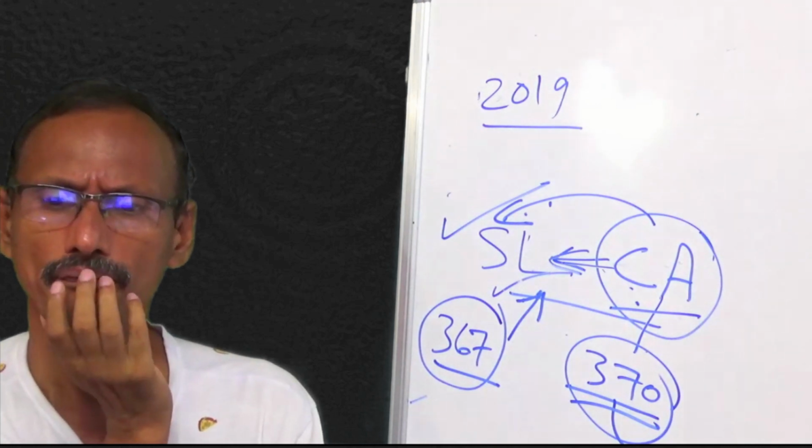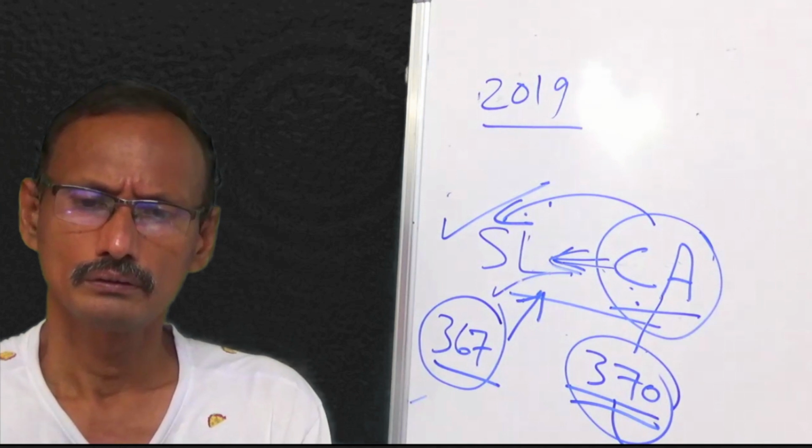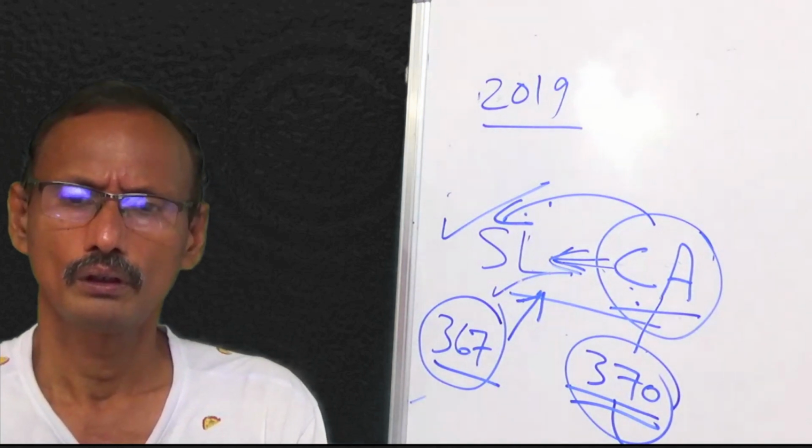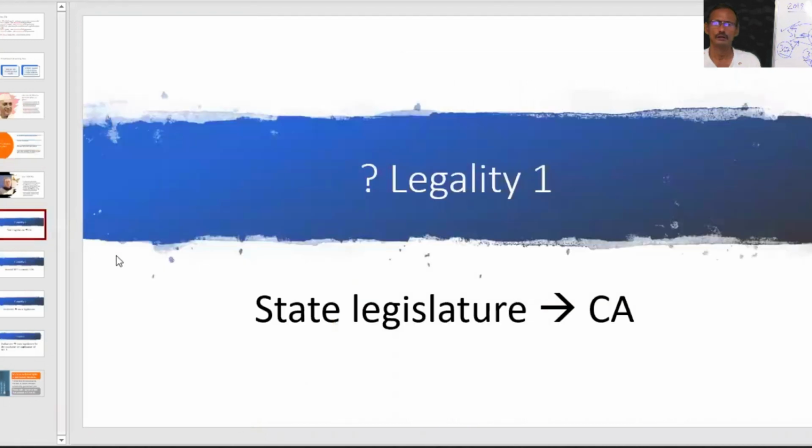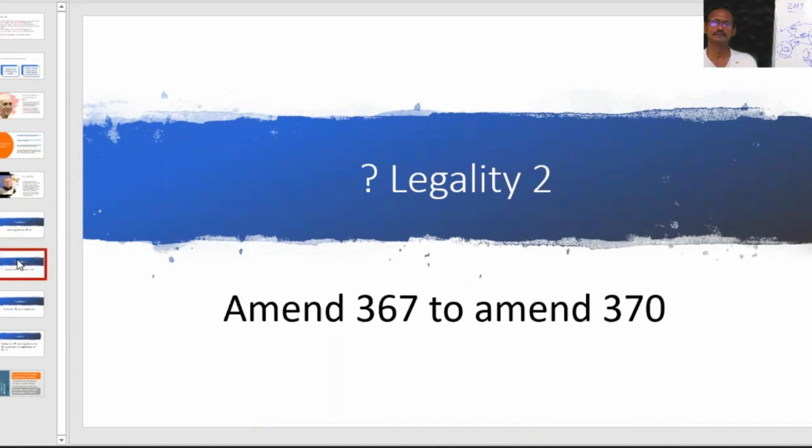So this is one issue whose legality can be questioned: can a state legislature be equated with a constituent assembly? And the second thing is, when you can't amend 370, can you amend 367? This is a legality issue too.